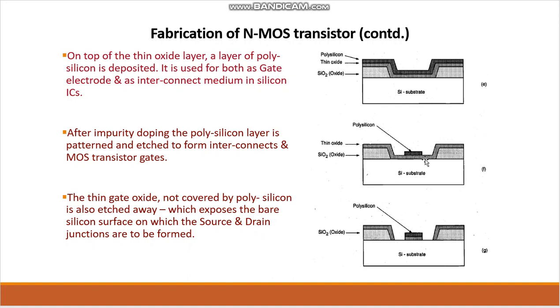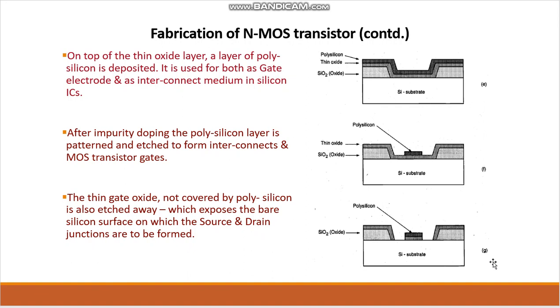As you can see, a slight portion of the polysilicon layer is left, while the other polysilicon layers are stripped off, because the source and the drain regions will be directly connected to these two sections, where the gate electrode can be connected over the polysilicon layer.